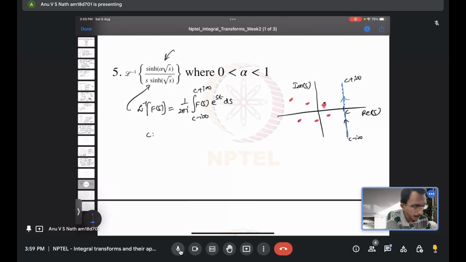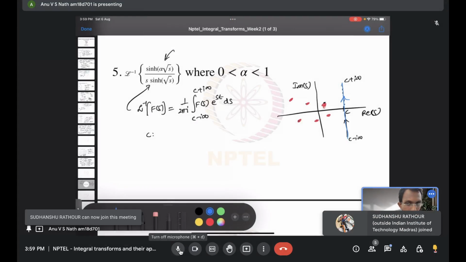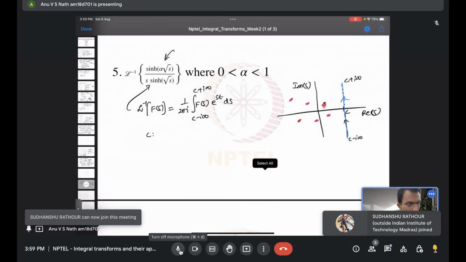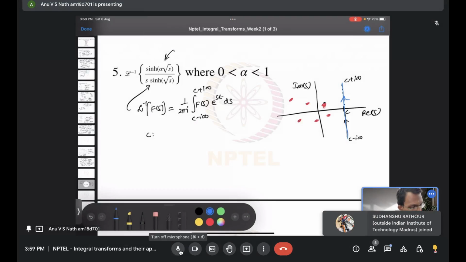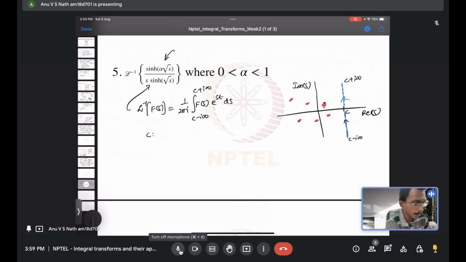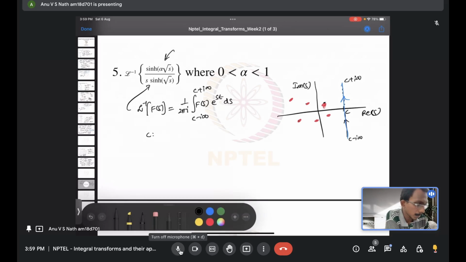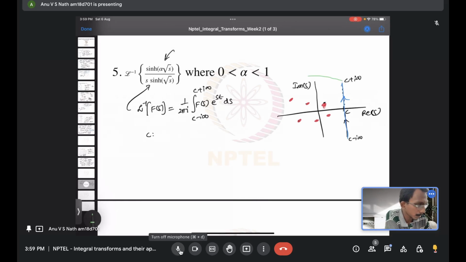Here we will use the idea of contour integration, completing this line by closing it using this arc.